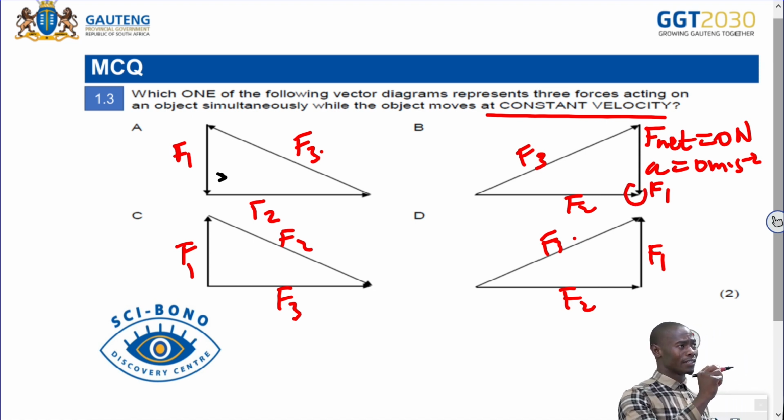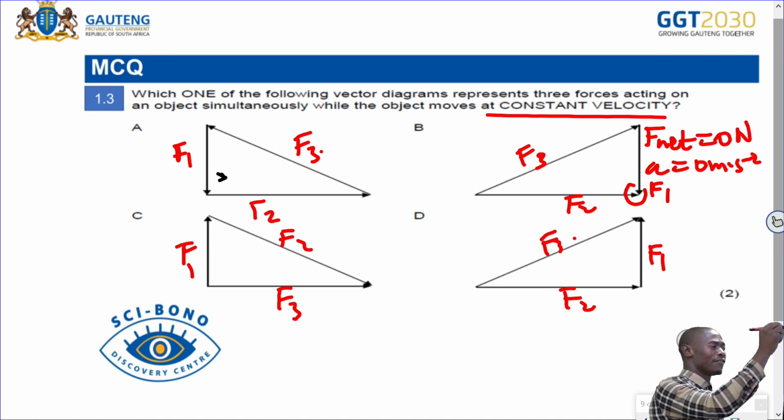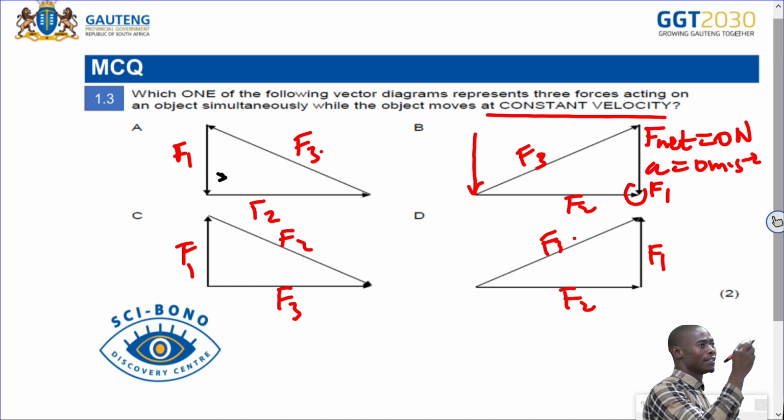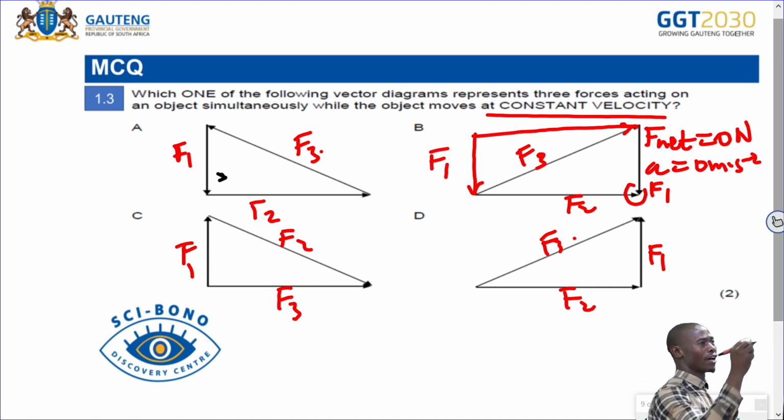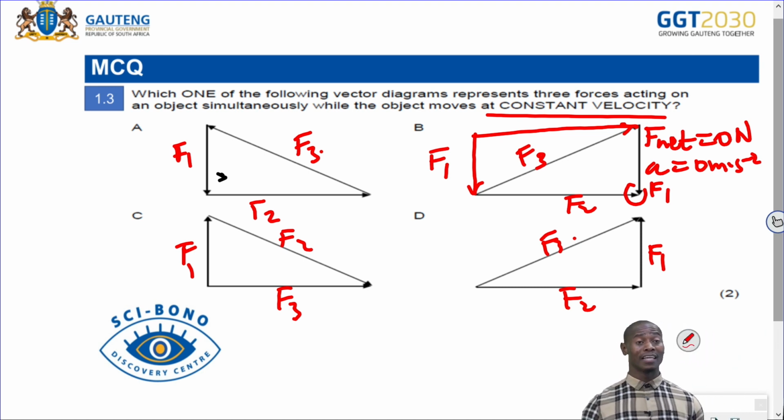If you try to complete the diagram, the parallelogram, using tail to tail, then you have your F1 this side and your F2 there, so your resultant should be this diagonal. So there is a resultant here. This is not a closed vector diagram.